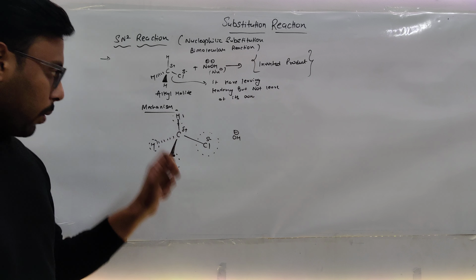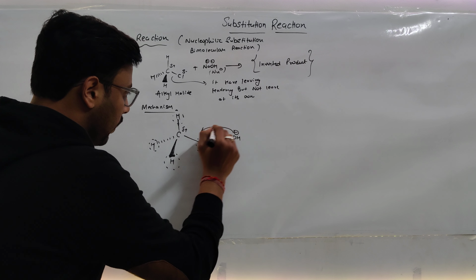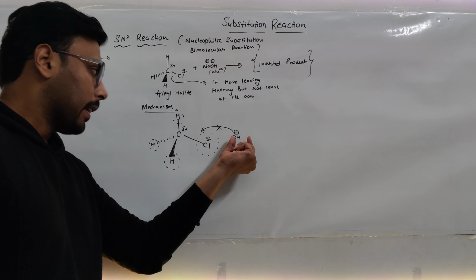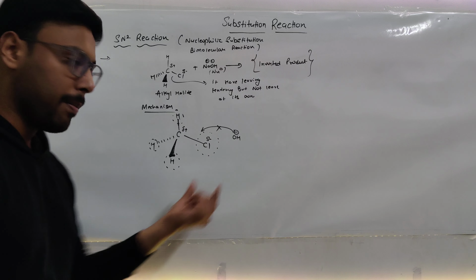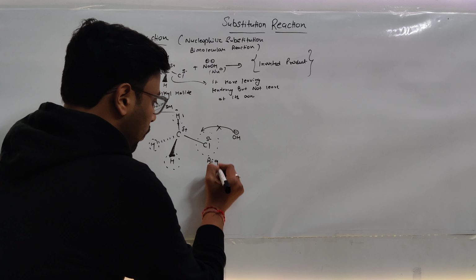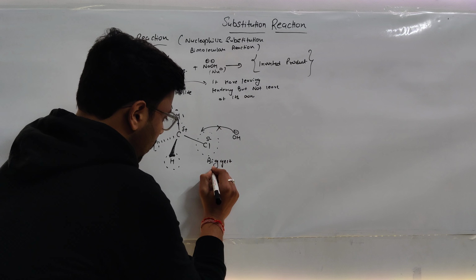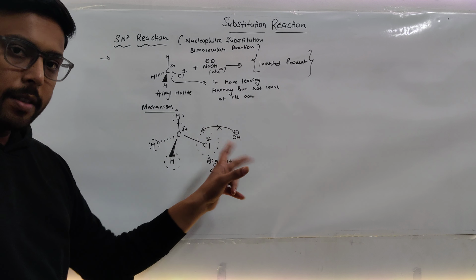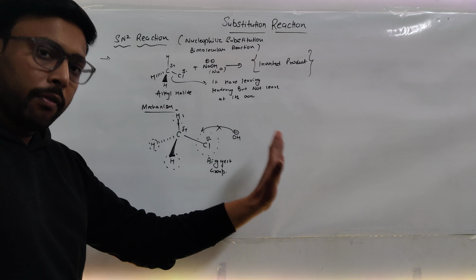The OH minus will approach, but there is electron repulsion between the electron clouds of Cl and OH, because Cl is the biggest group. So this path is not favorable for OH minus to approach the carbon from the front side.